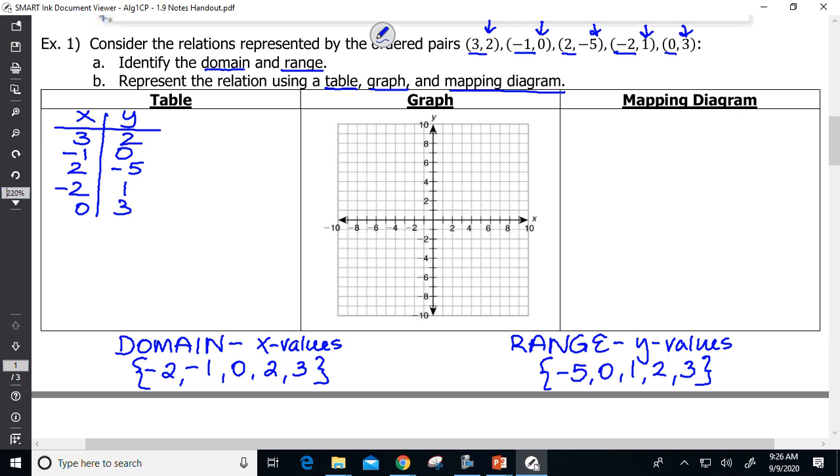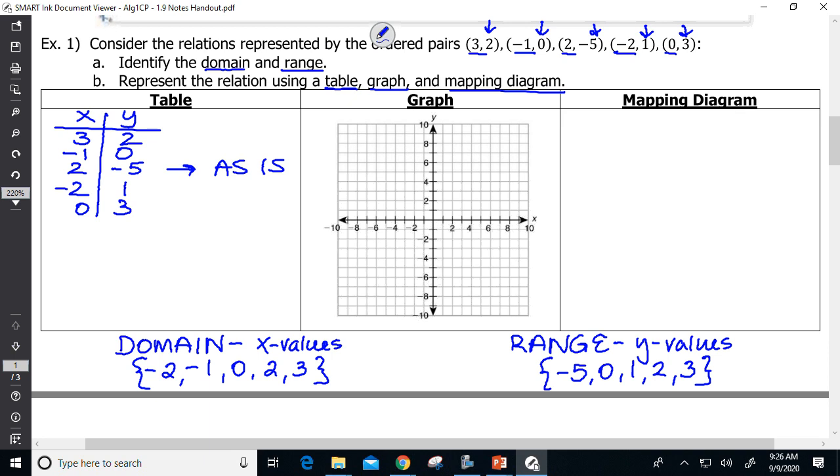Here's my table. So this is your table if you had put everything in as it was given to you.